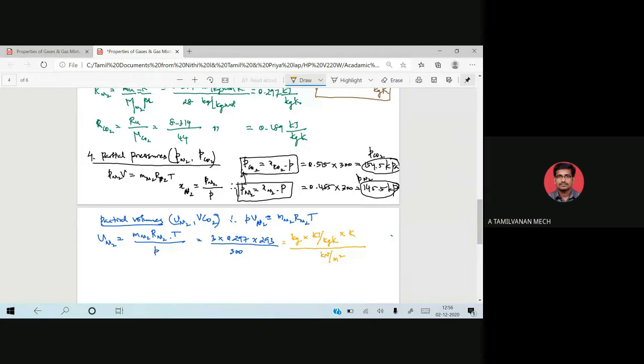Okay. So after substituting the units, kilogram gets cancelled, Kelvin gets cancelled. So finally you get kilojoule divided by kilonewton per meter square. So what is joule? How can we write the joule?